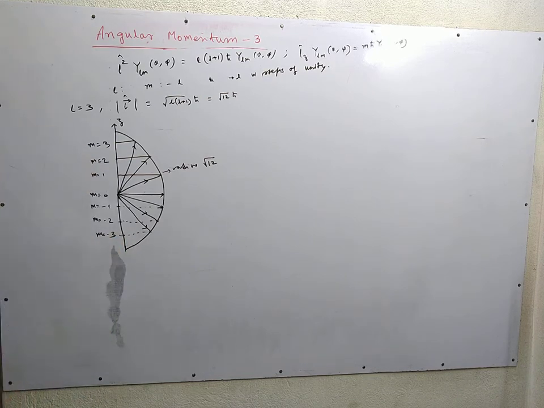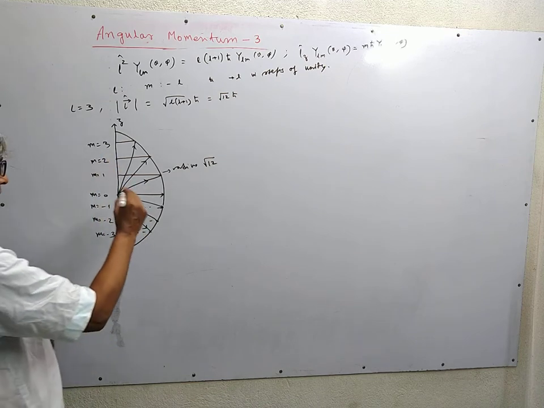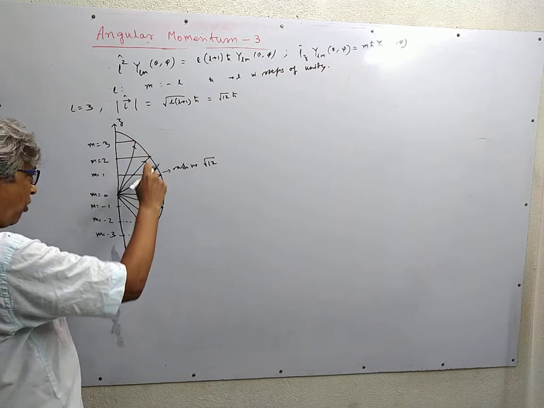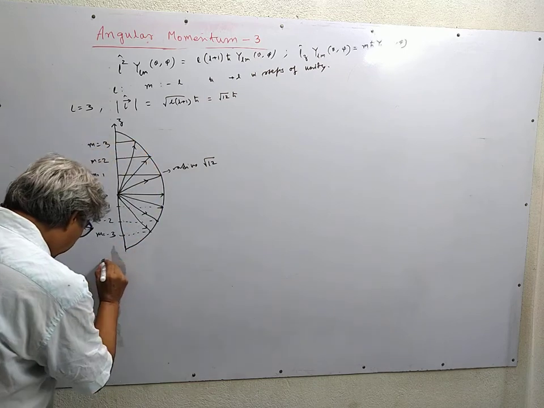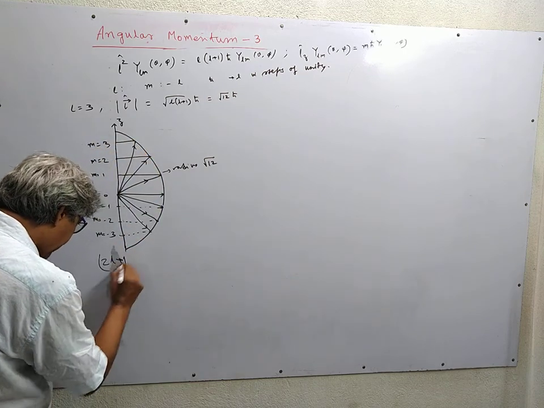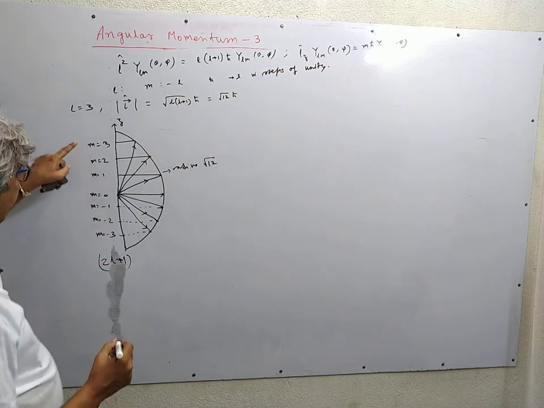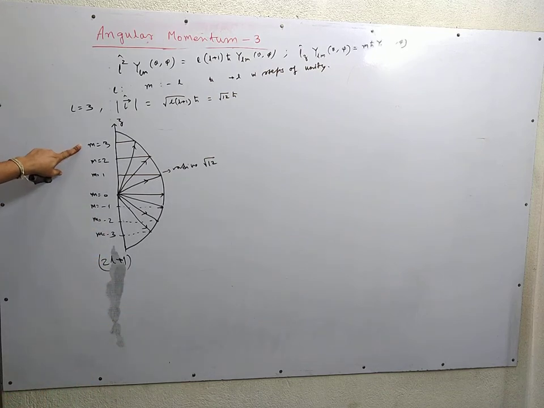So as per quantum mechanics, the angular momentum operator can have only 2l plus 1, in this case for l equal to 3, 7 possible directions.